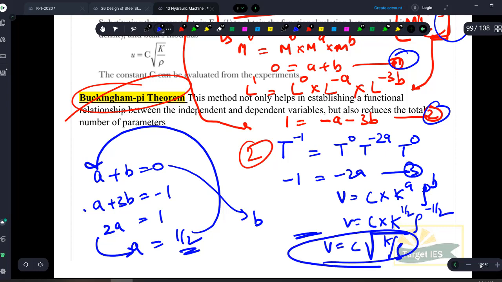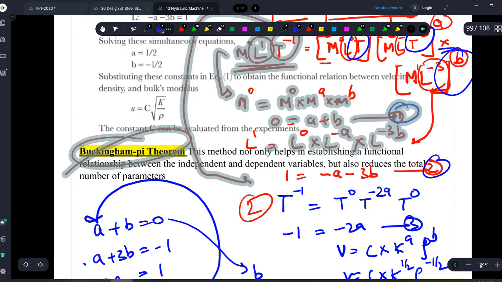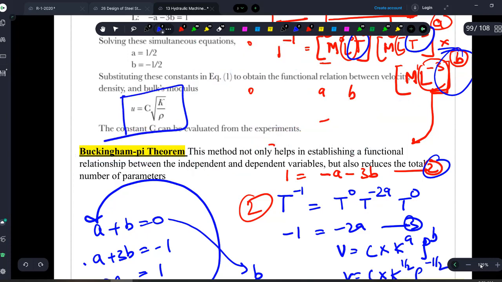So this is the equation which I am deriving. I could not derive it experimentally, so what did I do? I applied dimensional analysis. Using dimensional analysis, without doing an experiment, I could get the relationship or the exact equation for my velocity. Okay, v equals c under root k by rho.